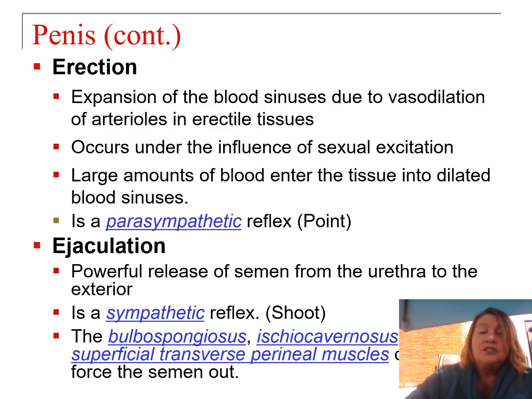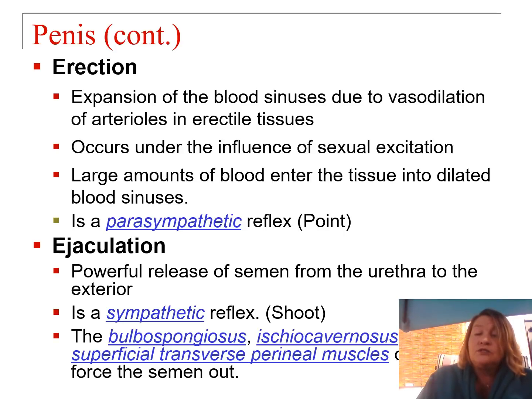Okay, so let's talk about erection and ejaculation. Erection occurs when there's an expansion of the blood sinuses in the corpora. That happens because there's vasodilation of the arterioles in the erectile tissue, which are the corpora cavernosa and the spongiosum.